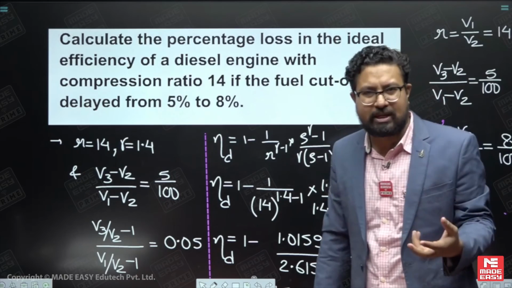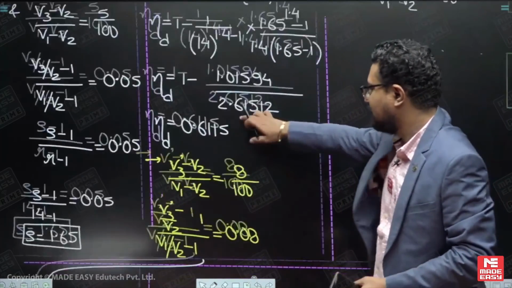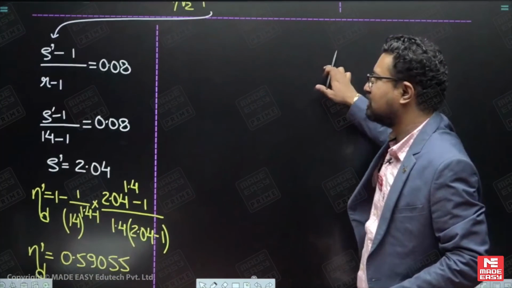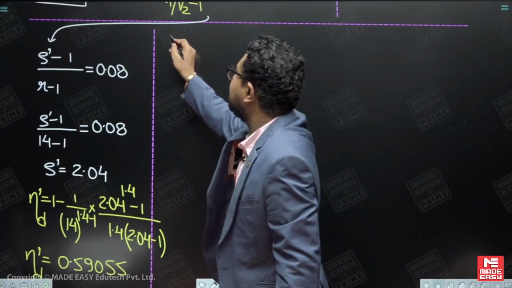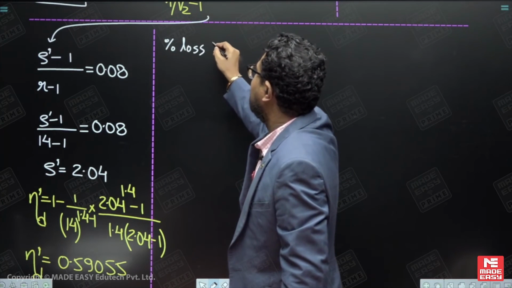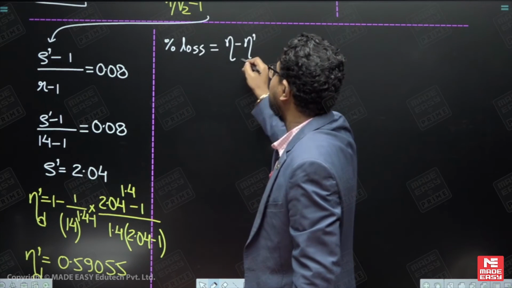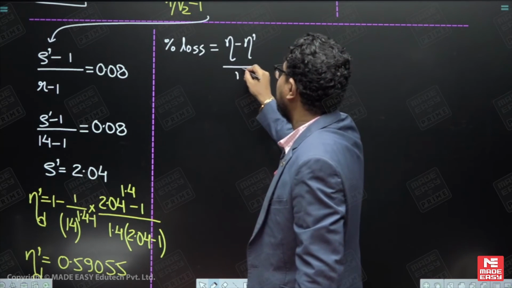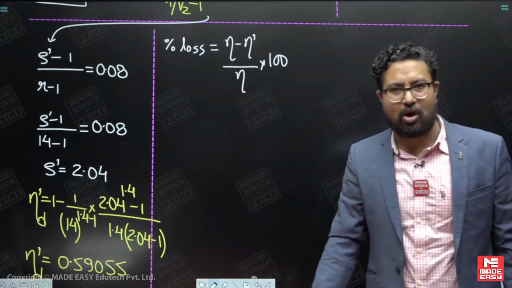They already know that it is going to be a decrease, a loss. So we will calculate the percentage loss: the initial efficiency minus the changed efficiency, compared with the initial efficiency, into 100. This will give me the percentage loss.